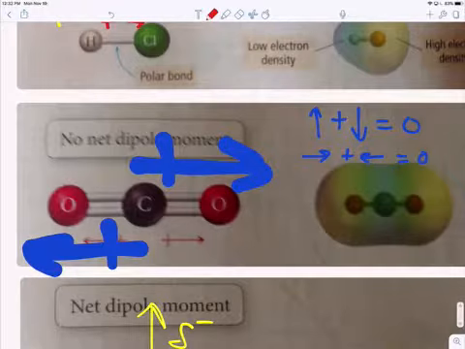I don't know, have you ever studied vector math before? So if you have a vector like this and it's up and down, they cancel each other out. So this is the y, the top one is the y-axis. So if you have a vector going up and a vector going down, they cancel each other out. Kind of like there's gravity.